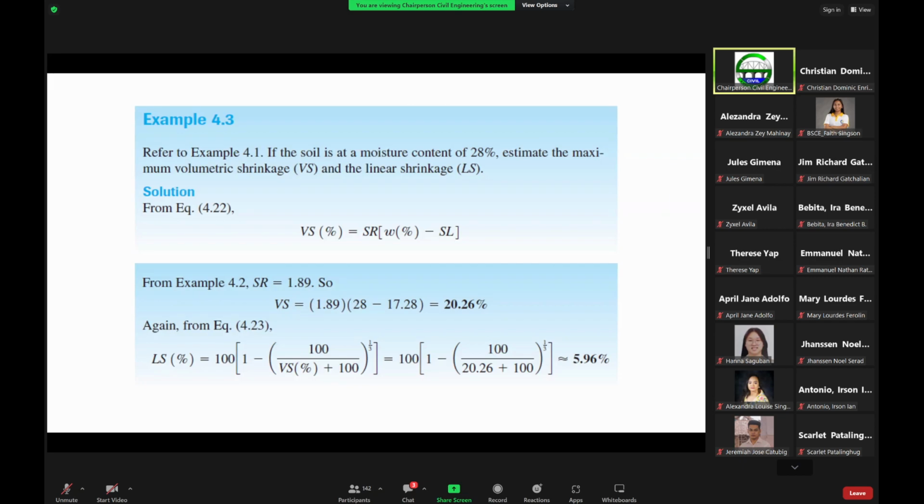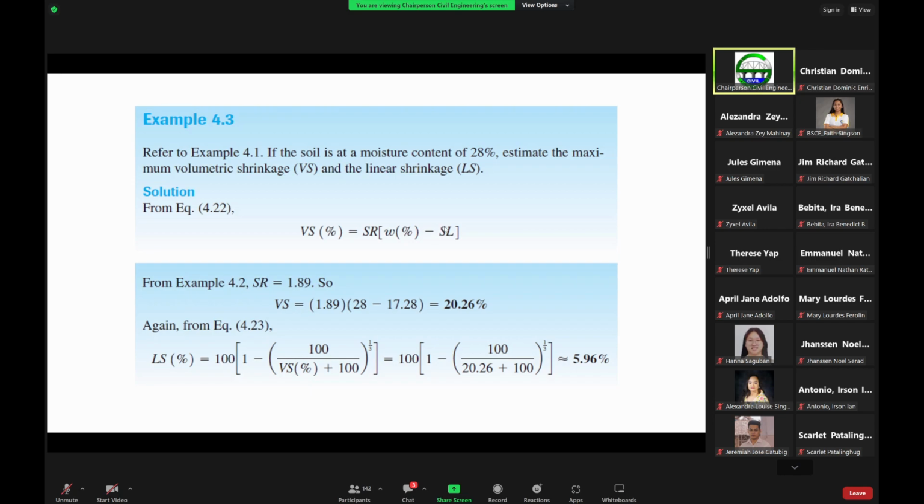So for the volumetric shrinkage, again by formula, that's equal to the shrinkage ratio times the moisture content minus the shrinkage limit.